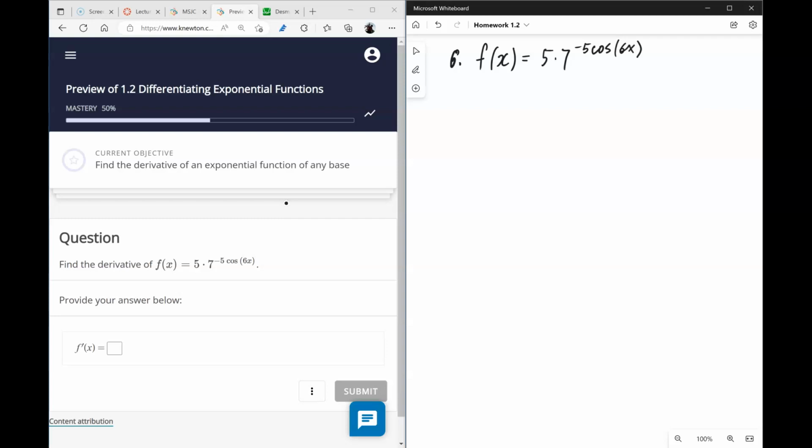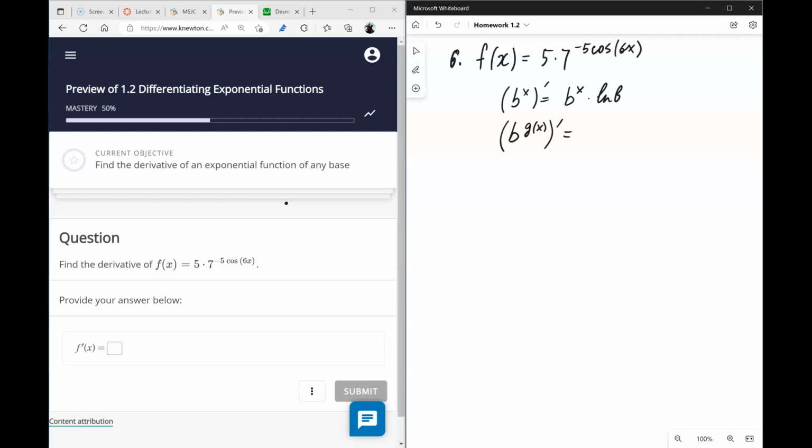It looks like a product, but it's just a coefficient. So here we definitely need to recall the derivative of b to the power x as b to the power x times ln b. And we're also going to remind ourselves how to combine the chain rule and this rule.